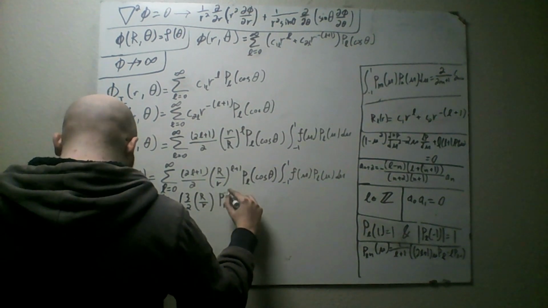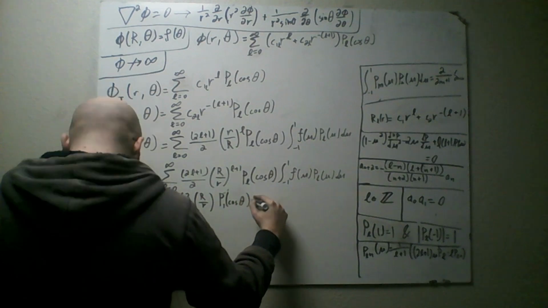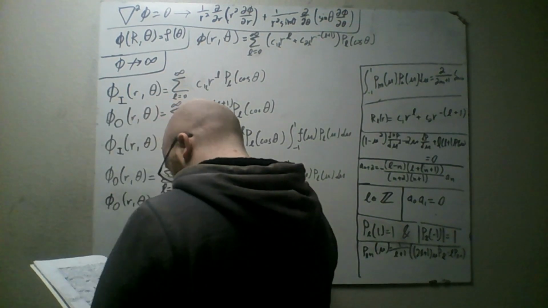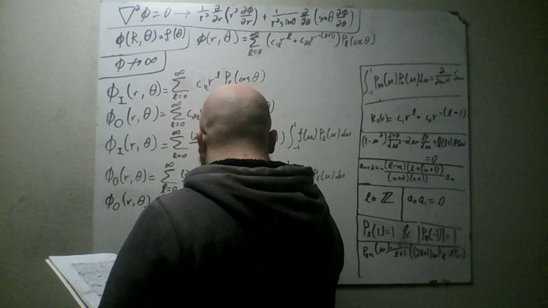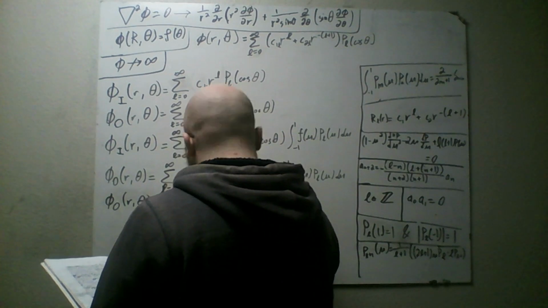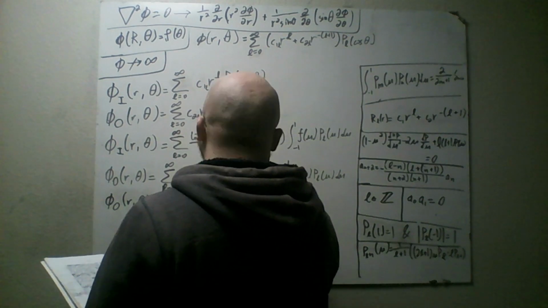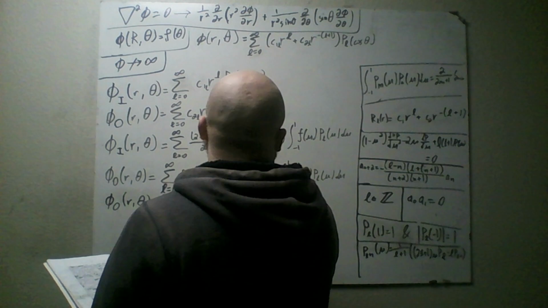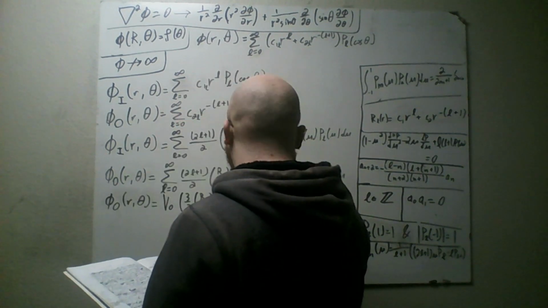times P1 sine theta, minus 7/8. If you're wondering where all the numbers are coming from, remember we have to add this term into here. So plus whatever we got last time.